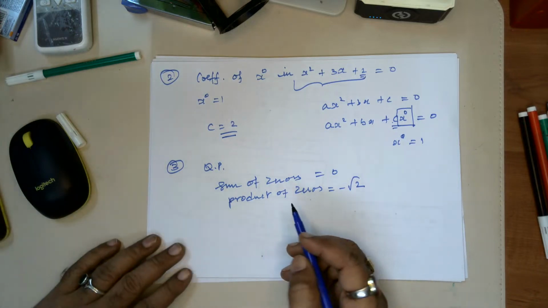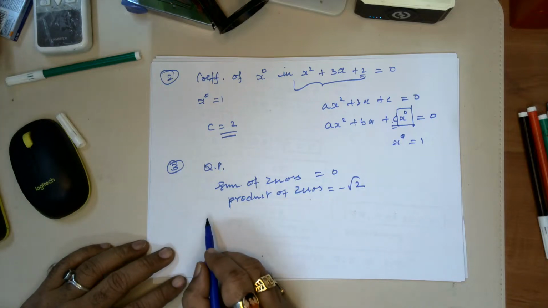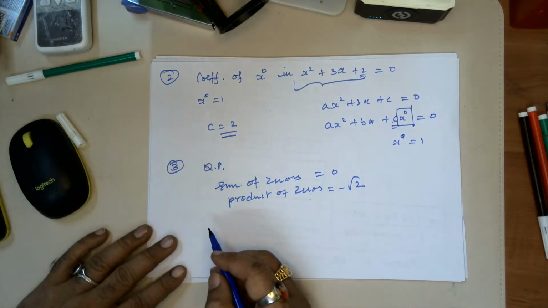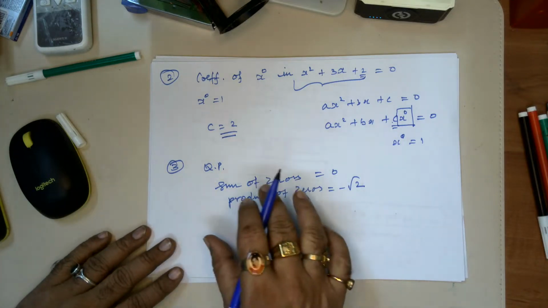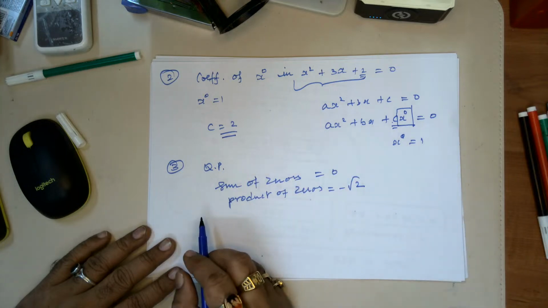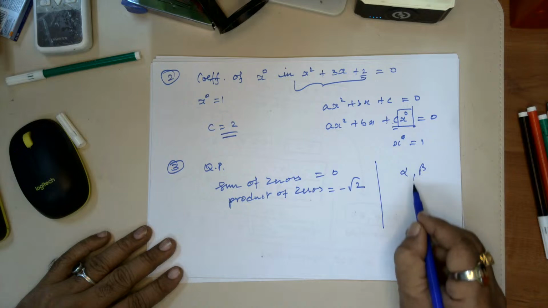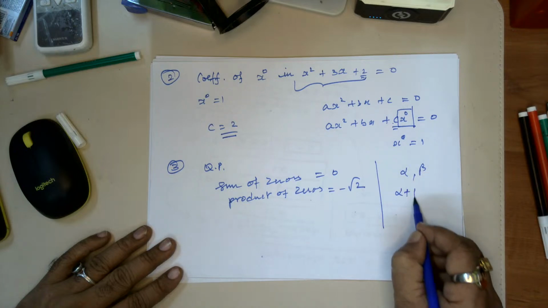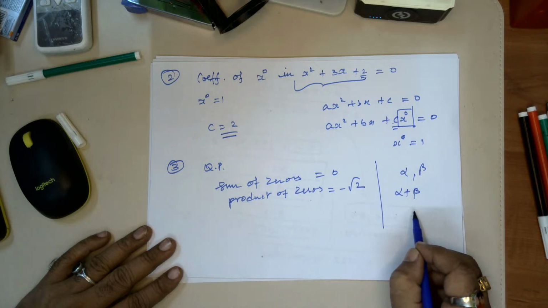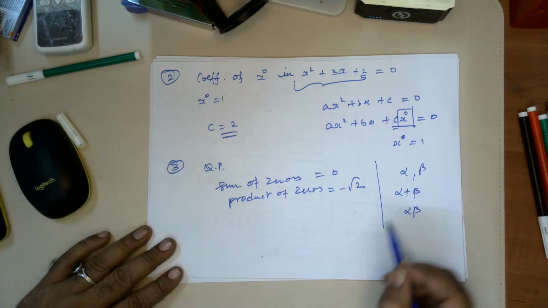So we have to establish the equation. We should know how to represent the quadratic polynomial based on the sum of zeros and product of zeros. Zeros here means alpha and beta. Sum of zeros means alpha plus beta. Product of zeros means alpha beta.